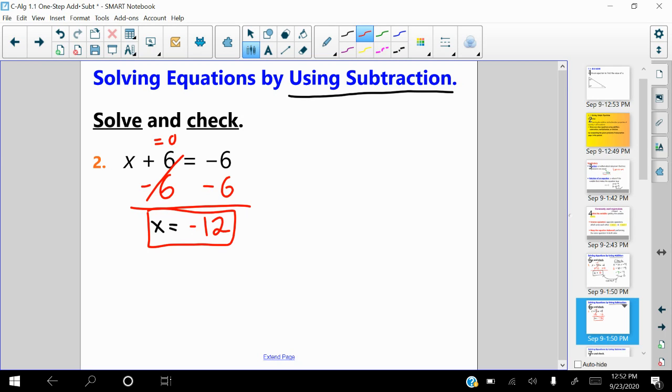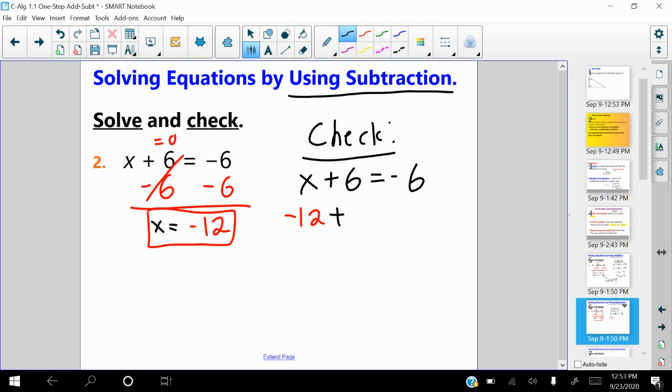But first we need to check our answer before we are done. So we're going to write check. We're going to go back to the OG problem. x plus 6 is equal to negative 6. We're going to substitute in that x value that we had, which was negative 12, for our x. Or a variable, I should say, because we don't always use x.